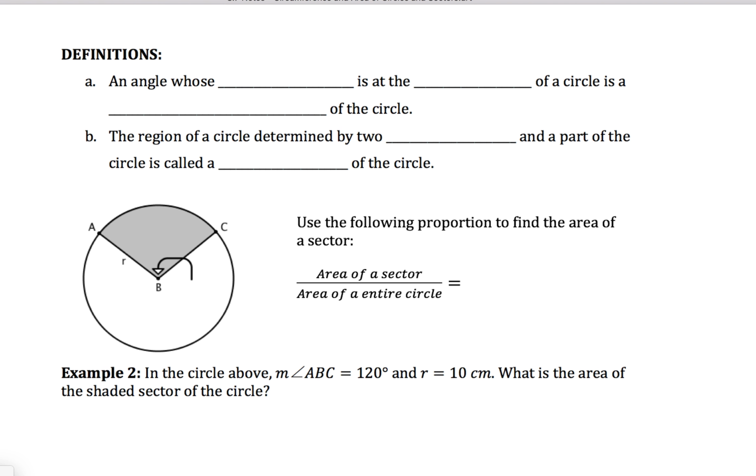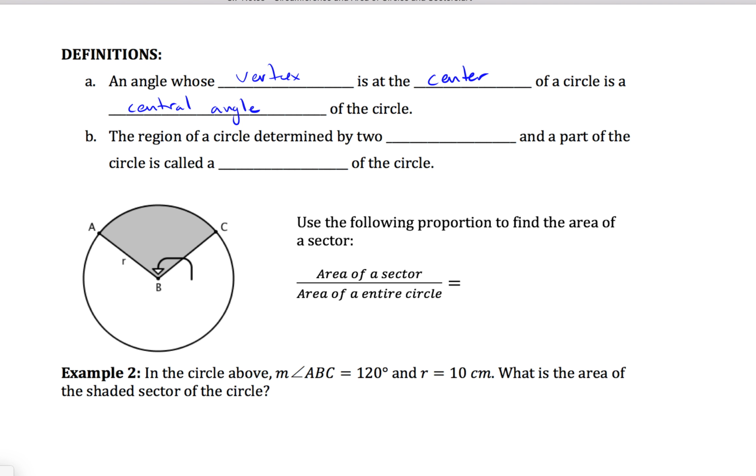Now let's take a look at the new part of the notes that we're going to learn about today. First, a couple definitions that we have to clarify that we're going to be using. An angle whose vertex is at the center of a circle, that's going to be called a central angle of the circle.